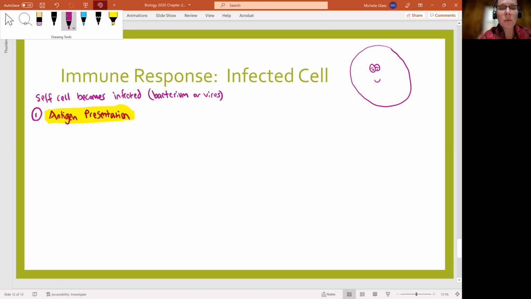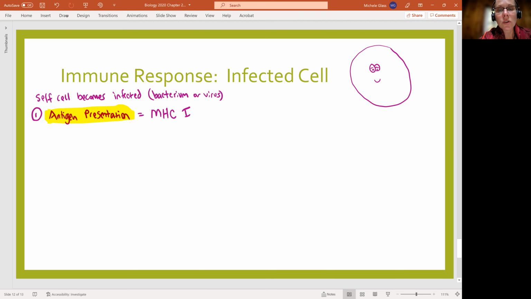And so you end up with, in this case, MHC class 1 sort of holding out the antigen from the pathogen.